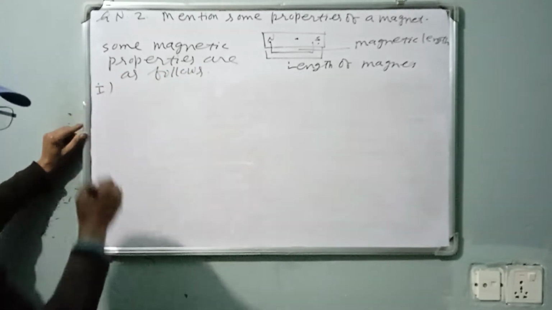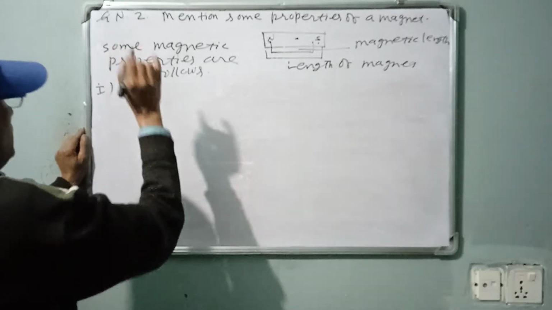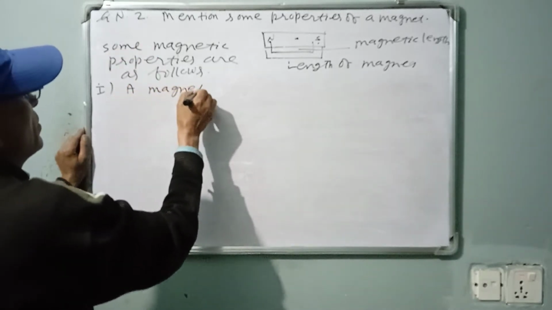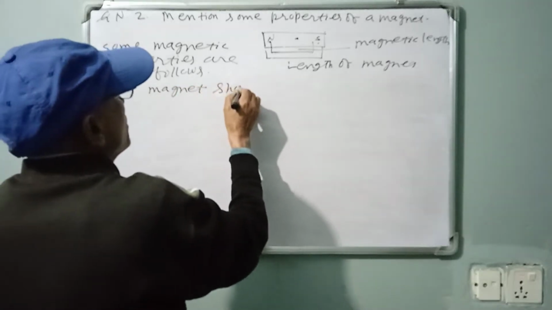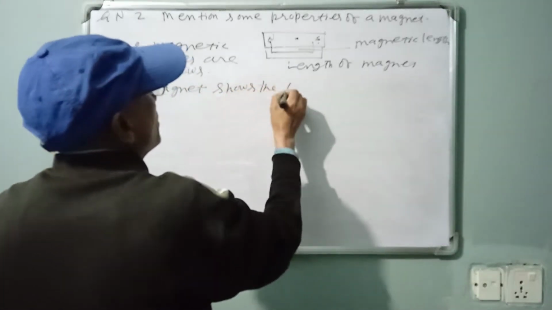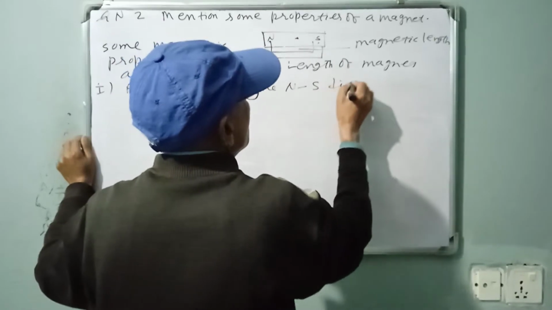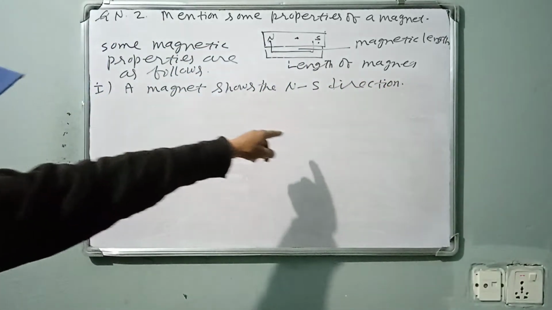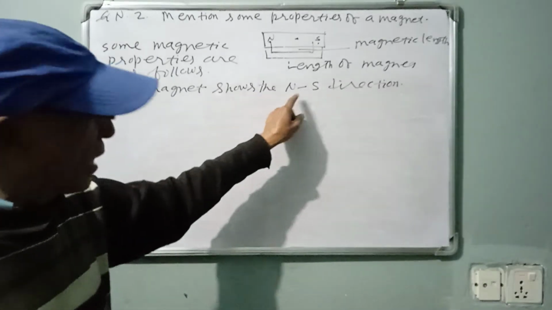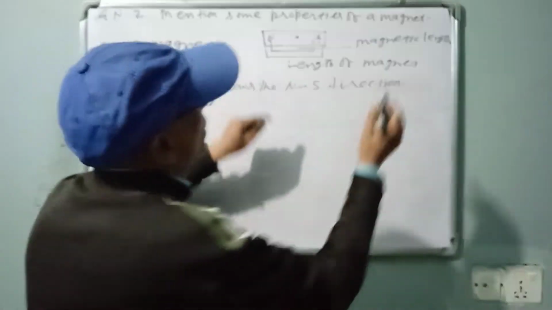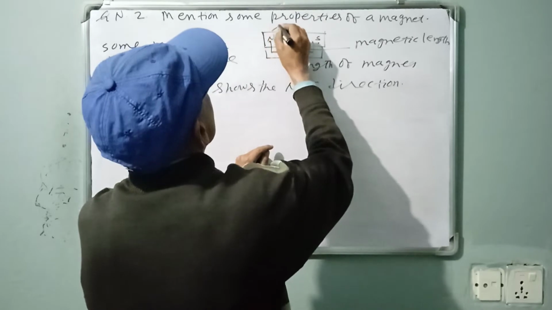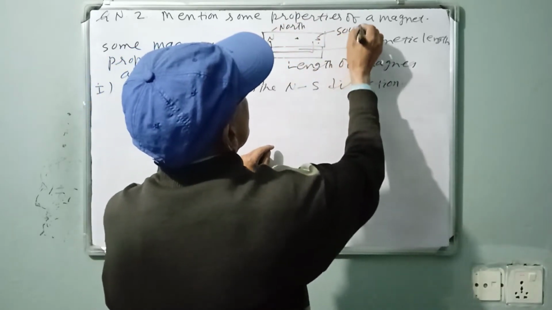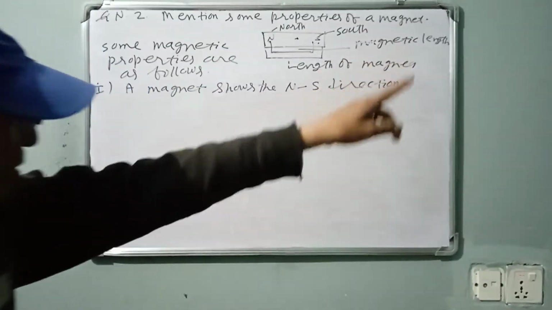Number 1, the first property is that a magnet shows the north-south direction. Here N for north and S for south. Remember, N for north and S for south. It always shows the north-south direction.